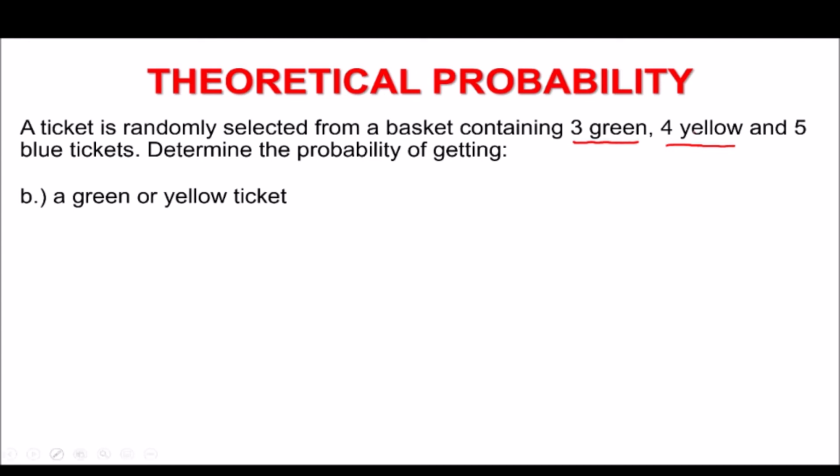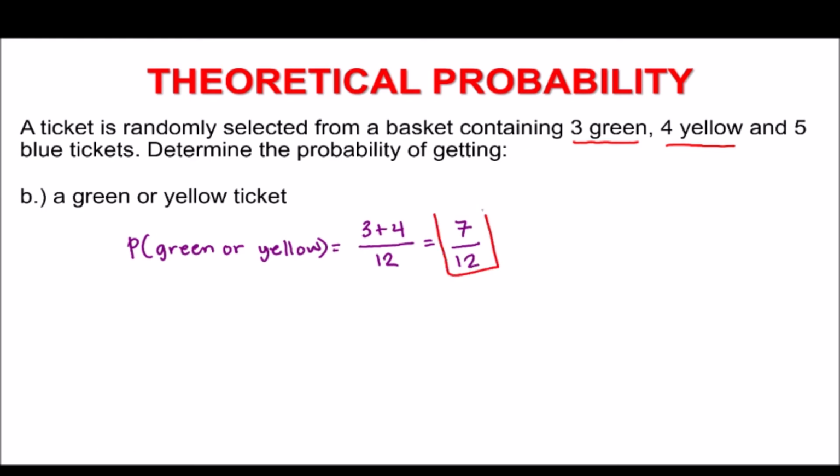So the probability of getting a green or yellow will be 3 plus 4 divided by the number of sample space, which is 12. So 3 plus 4 is 7 all over 12.